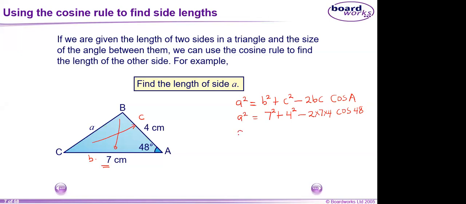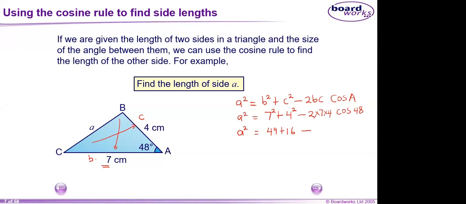So I'll have A squared is equal to. You deal with these things in steps. What is 7 squared? 49. Plus, what is 4 squared? 16.